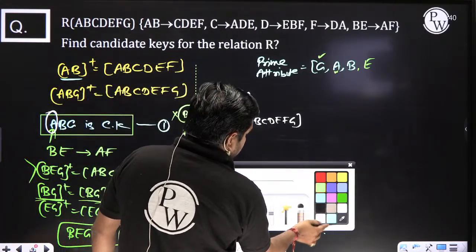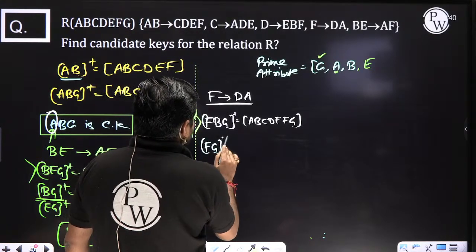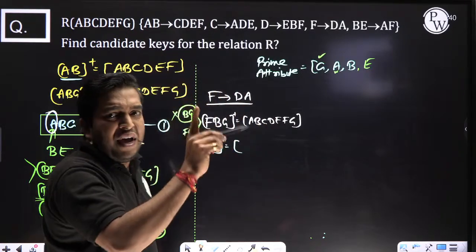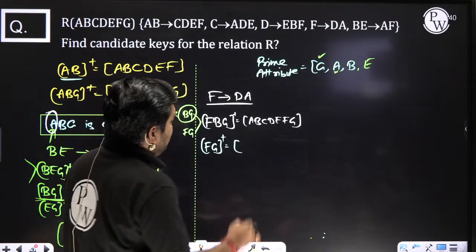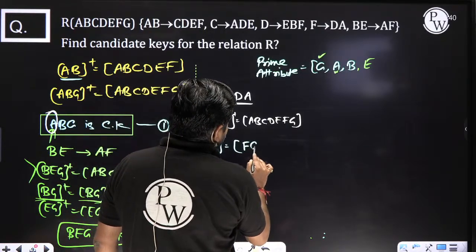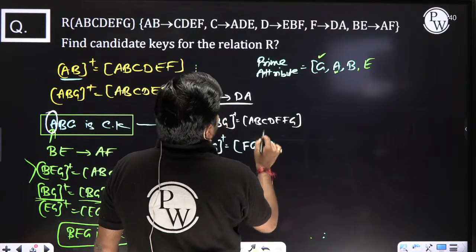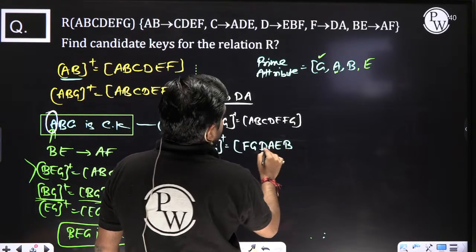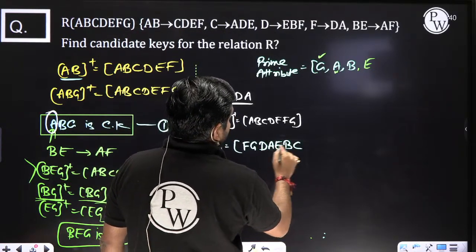But when you take the closure of FG, now think about what is happening. Listen, bacha. First of all, FG itself, F tends to A and D, and F, AB tends to C. A, B, C, D, E, F, G, we are getting all.